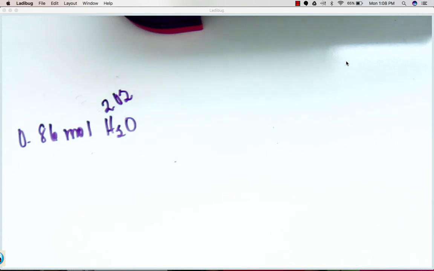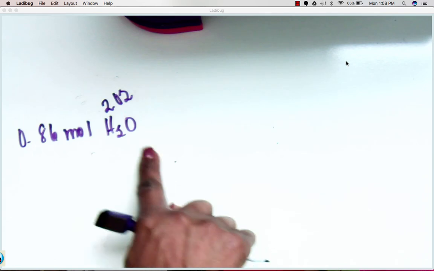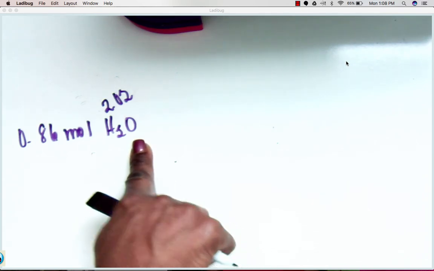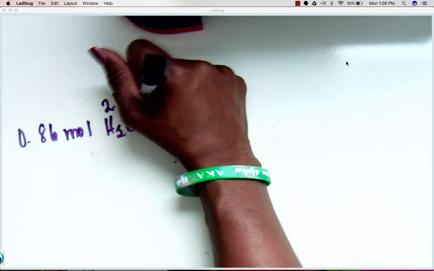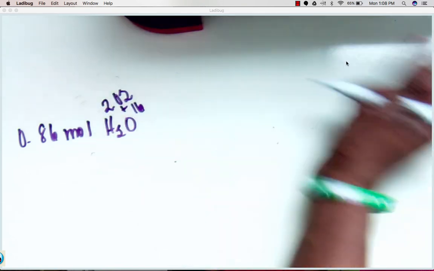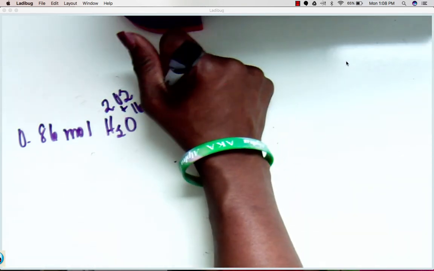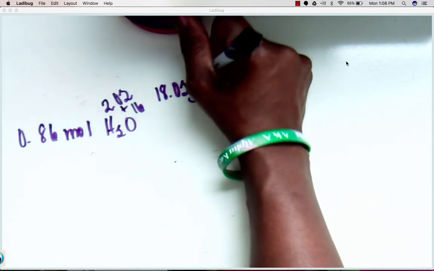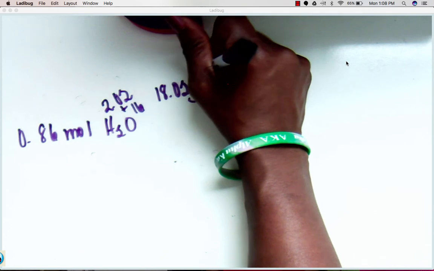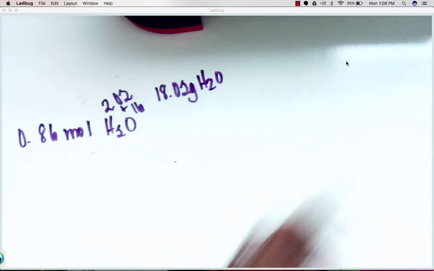Then 1 oxygen has a mass of 16. So we add the 2.02 to the 16 to get a molar mass for water of 18.02 grams of water.